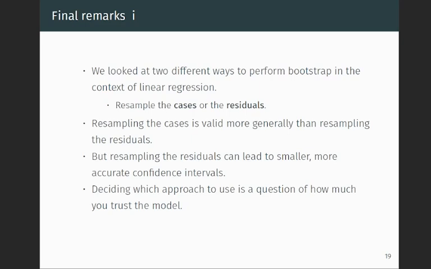And you can also see how they correspond to two different ways of collecting the data. For example, if you fix the design matrix and then you collect outcome variables, this would correspond to what you get by resampling the residuals. So think of an experiment where, for example, you give a placebo and a treatment to a fixed number of patients.